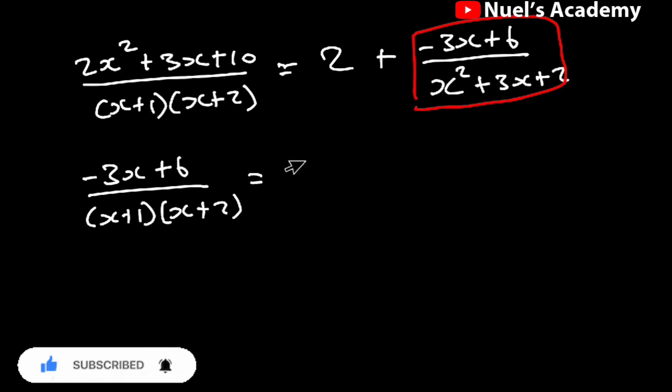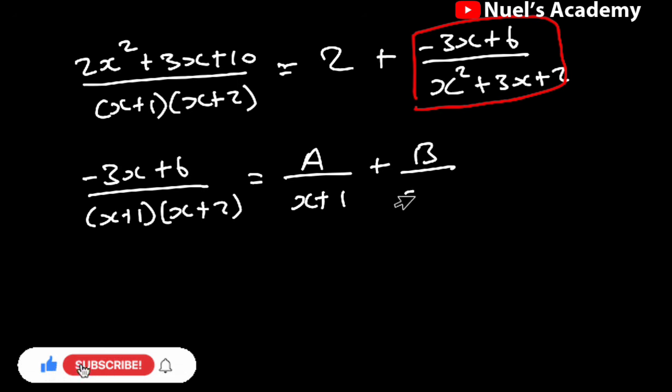And to express it into partial fractions, we have a over x plus 1 plus b over x plus 2. So the sum of these is equal to x plus 1 multiplied by x plus 2.